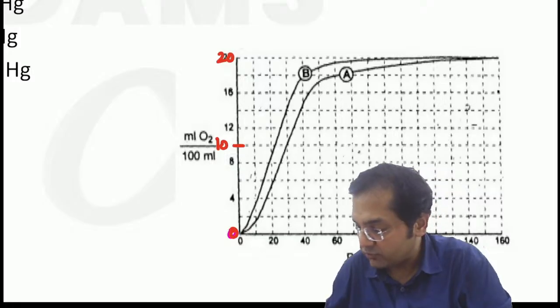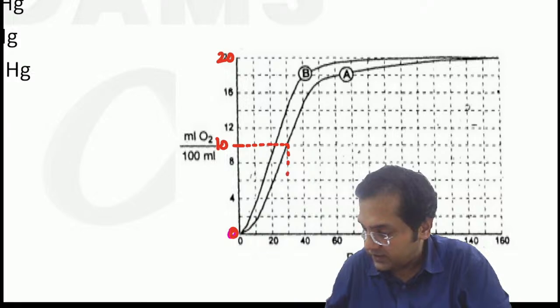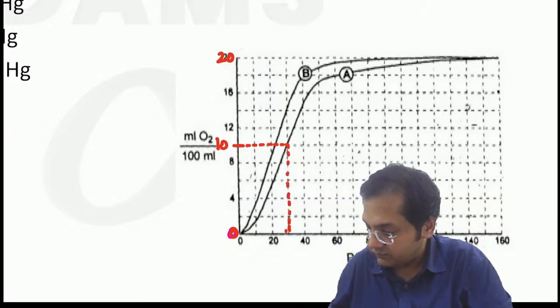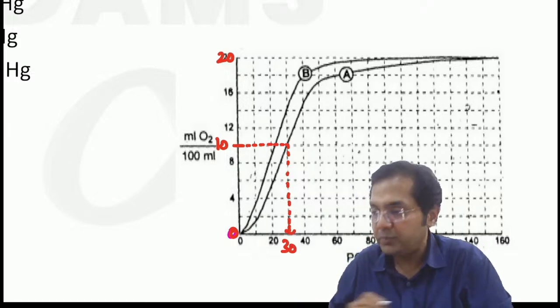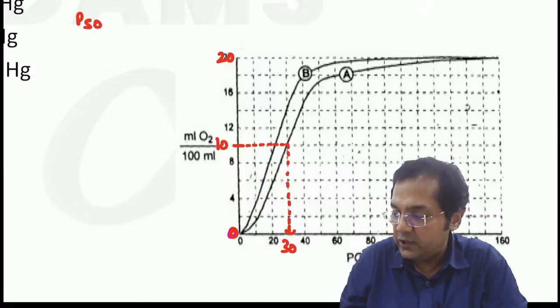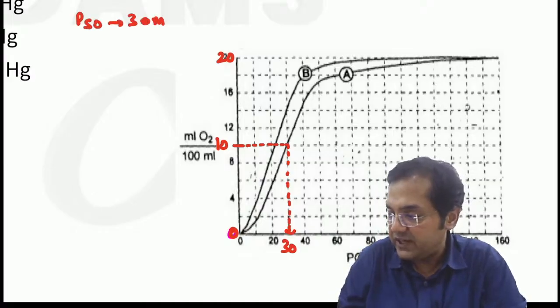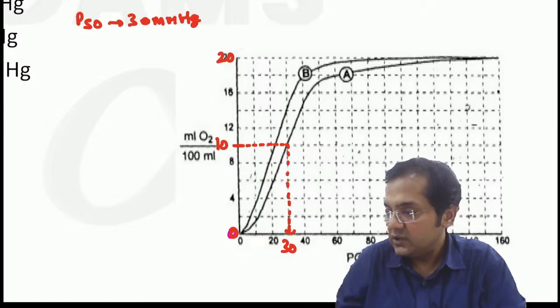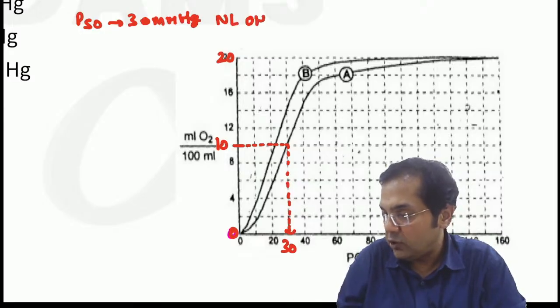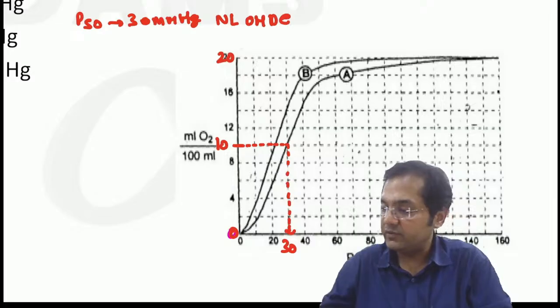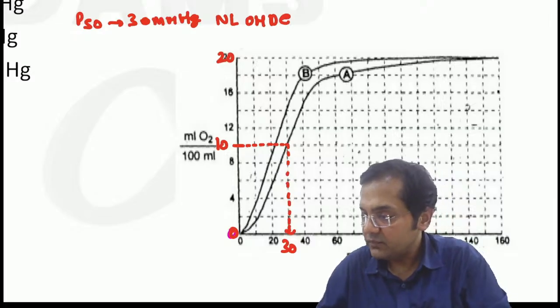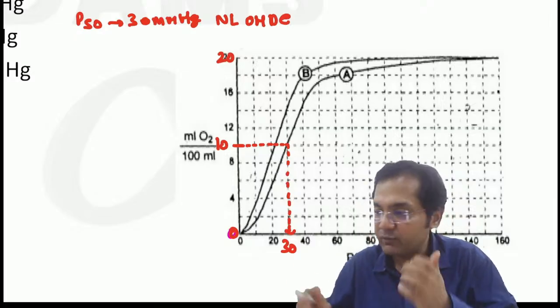So you have to do a lot of work for me here, but not difficult work. So in the normal curve, the P50 is coming out to be 30. So in the normal curve, P50 is 30, which is the normal oxygen hemoglobin dissociation curve, right? Yes, very good. Absolutely correct. That is a quick way to do.